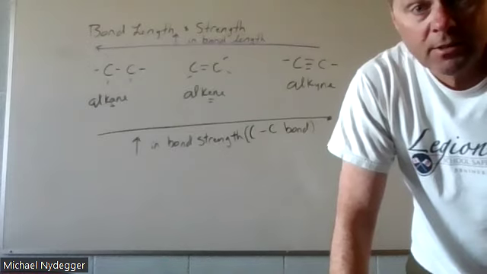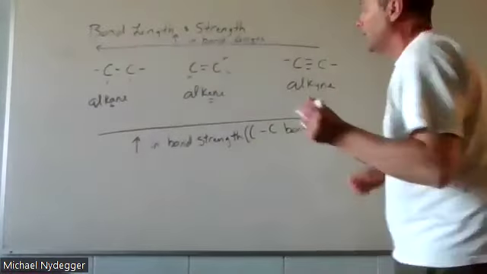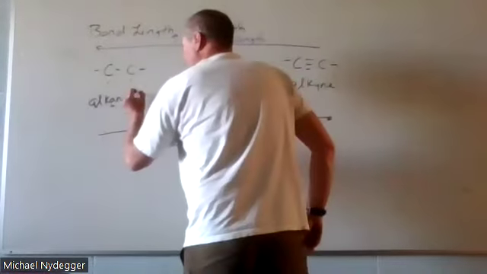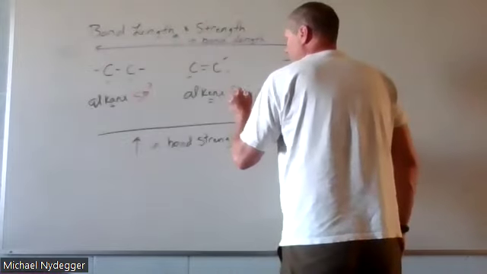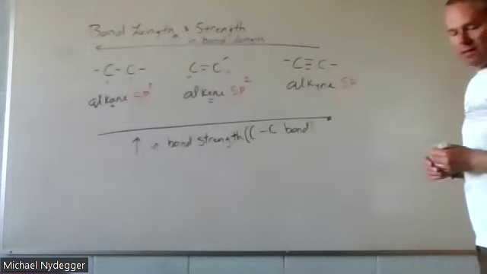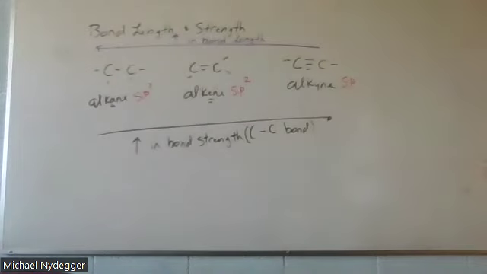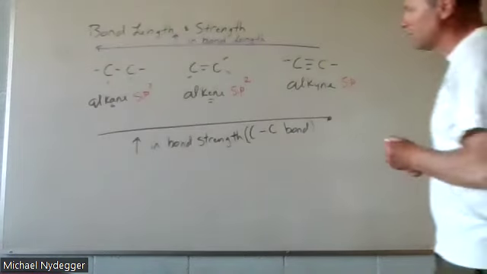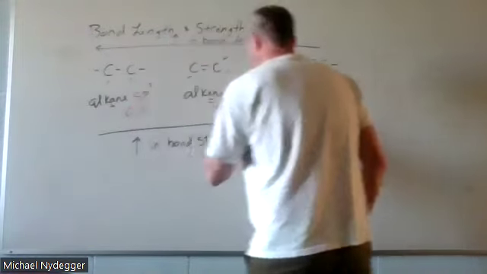Does that make sense? We can also go a little bit further here, and say this is an sp3, this is an sp2, and this is an sp. So we can include that as well too. And in this case, what we're looking at in the red is the carbon-hydrogen bond.